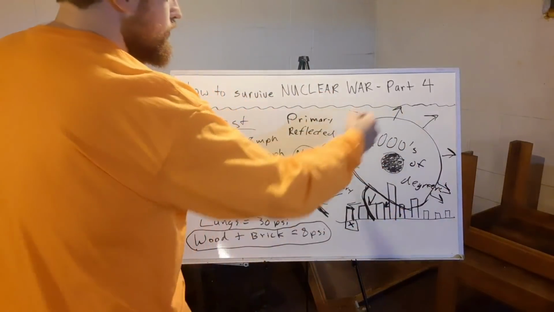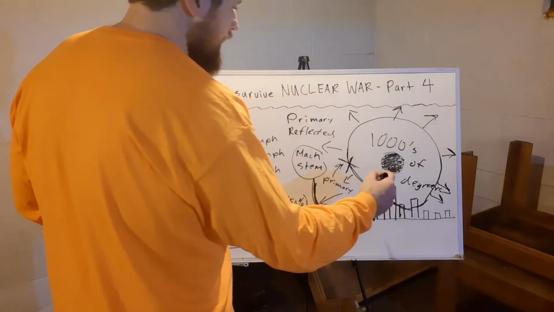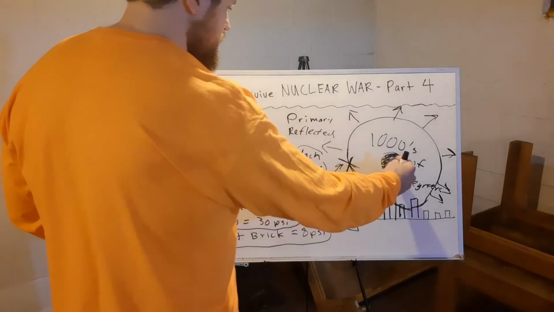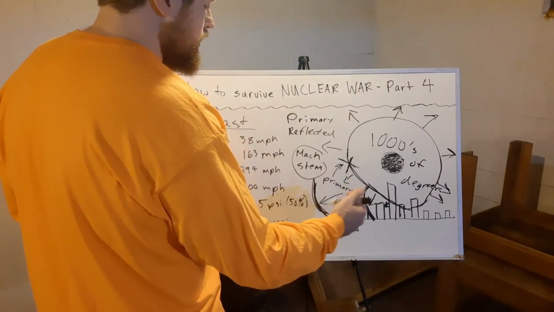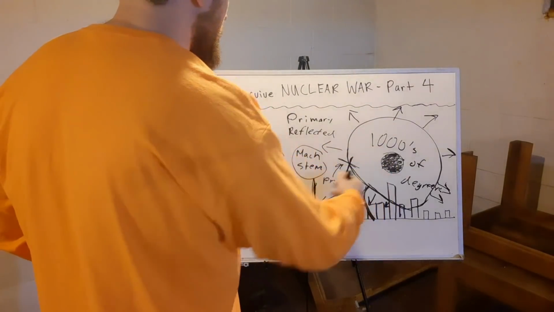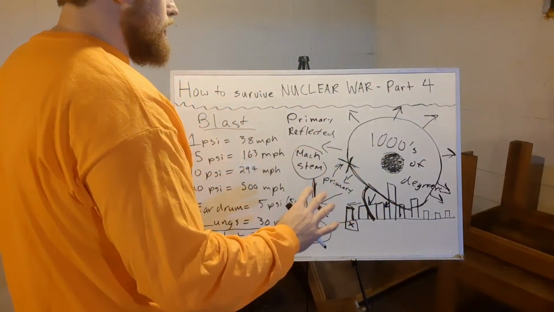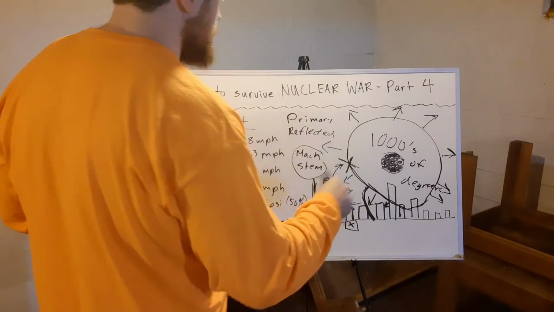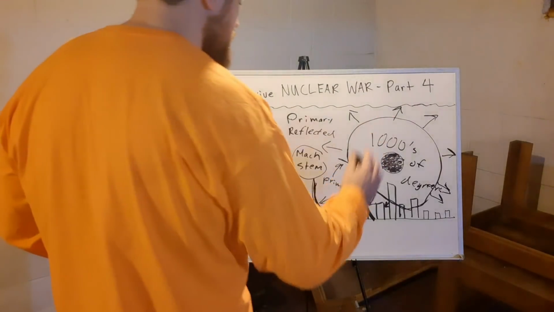Because it's so hot, this blast wave is going to move through the superheated air at very high speeds, but it'll eventually start to slow down once it gets away from that zone of superheated air, which is probably just around the SDZ, the severe damage zone. That's where you have that really high temperature, where you're going to be able to melt steel and completely vaporize things.